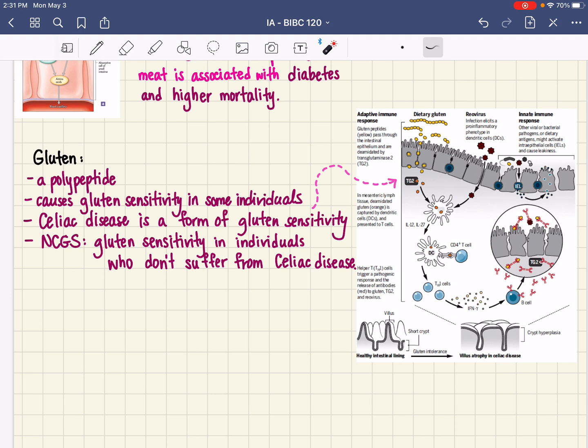And because of this, a massive inflammatory response is spiked, and the cells of the gut actually become destroyed. So that is what celiac disease is.